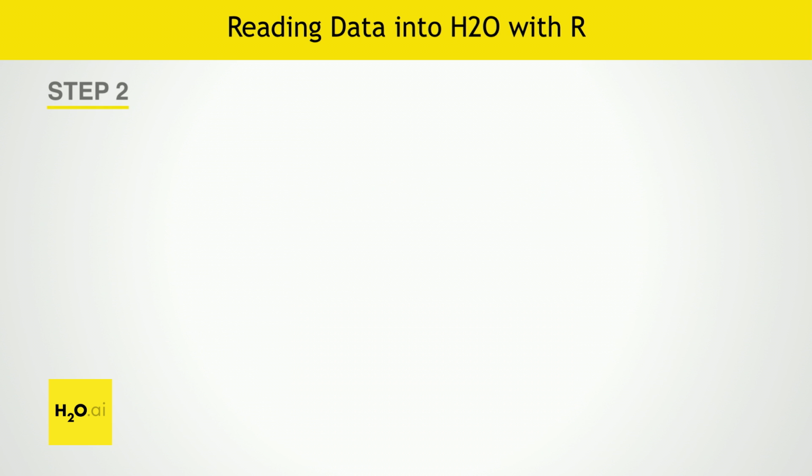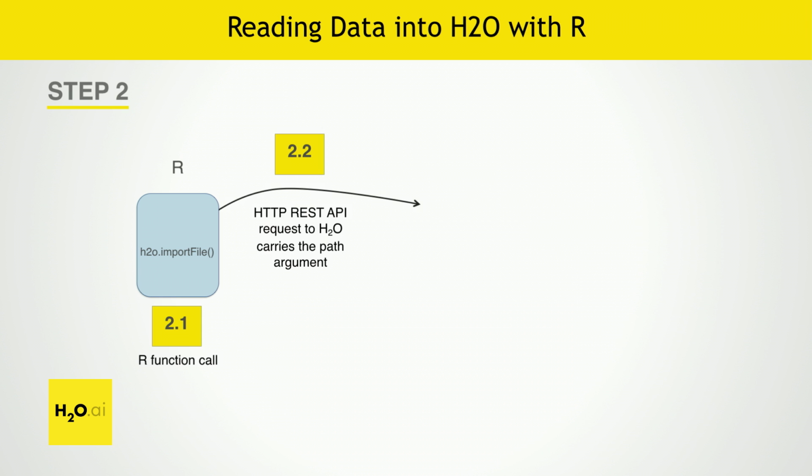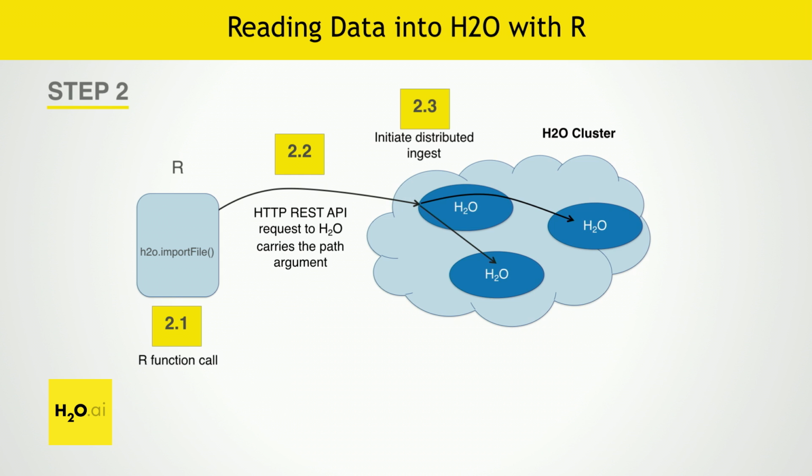On a multi-node example, let's say you have a local R session and you have H2O distributed on EC2 instances in the cloud, or on your Hadoop cluster, and you want to access data from HDFS and S3. You call a function locally, and it gets brought over through the HTTP REST API with the arguments to import and the path of where the data actually is.